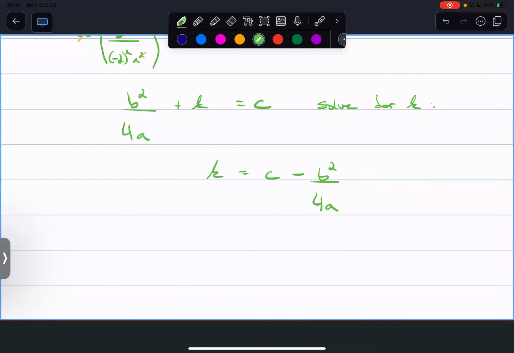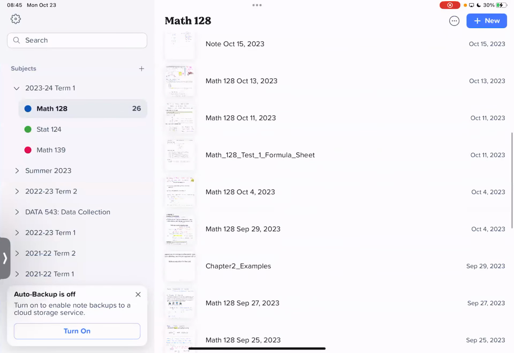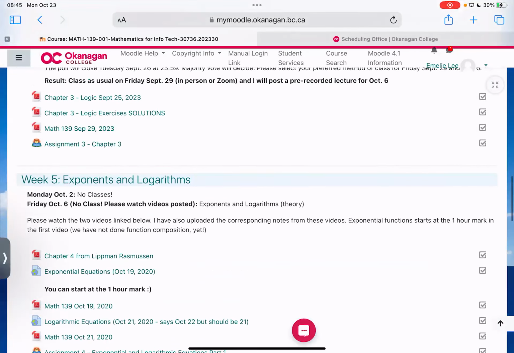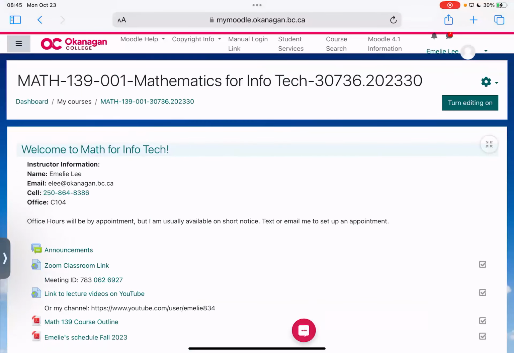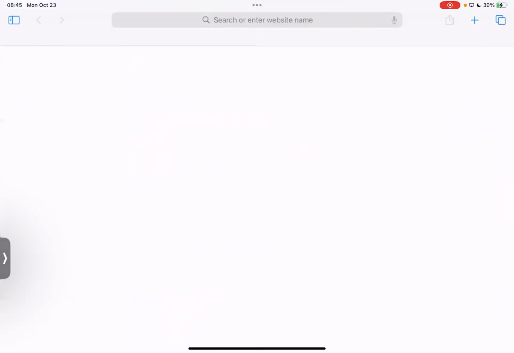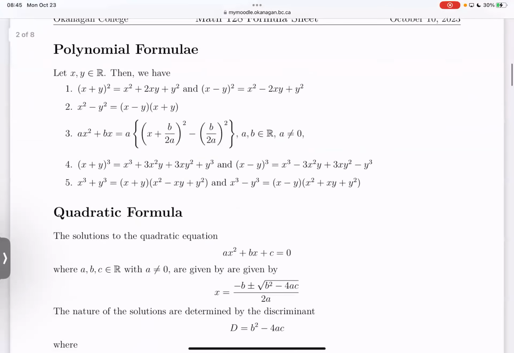Okay, how about an example? How do we use this? Did I bring in the formula sheet? Let's check. Oh, just the test one formula sheet, huh? Full formula sheet. Hope it's on here.